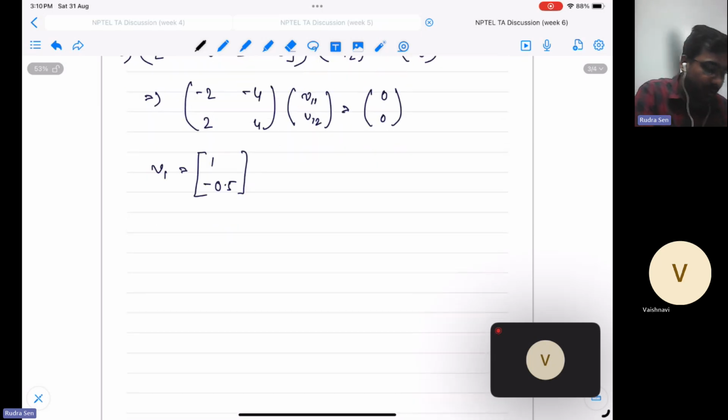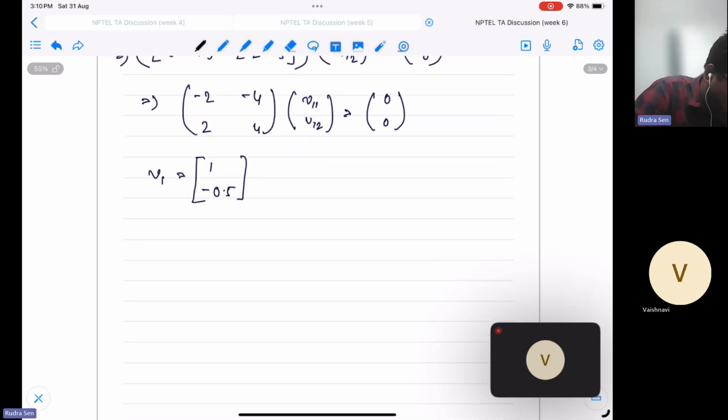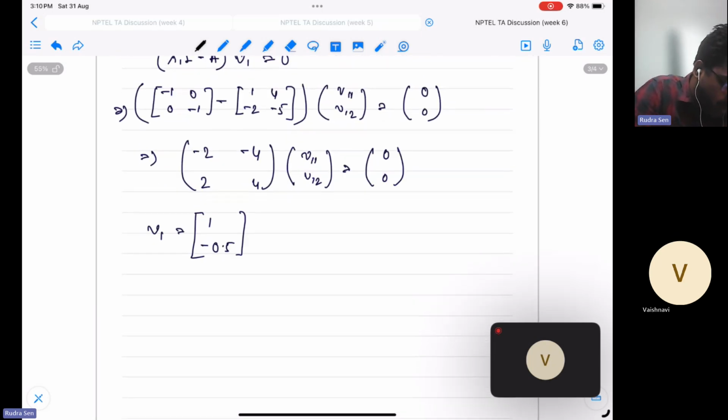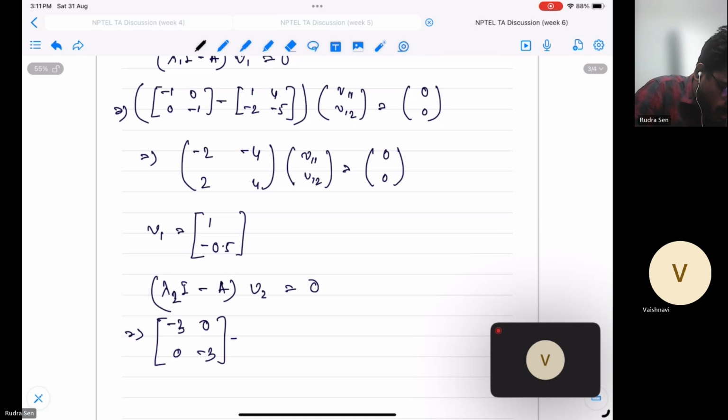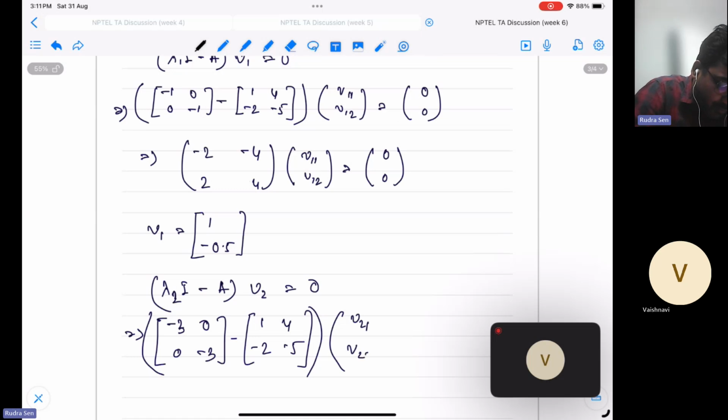This is one eigenvector corresponding to lambda 1. Then the eigenvector corresponding to lambda 2 is given by lambda 2 I minus A times V2 equals 0, which gives us minus 3 0 0 minus 3, minus 1 4 minus 2 minus 5, times V21, V22, equals 0 0.